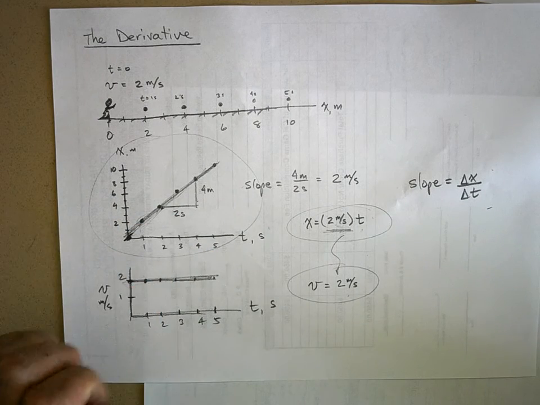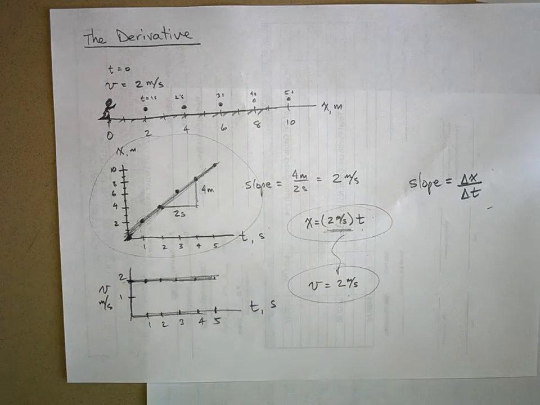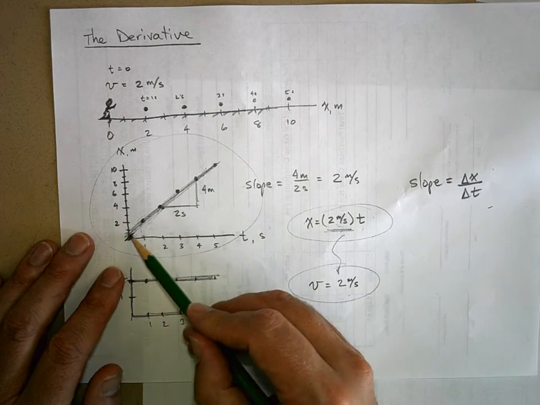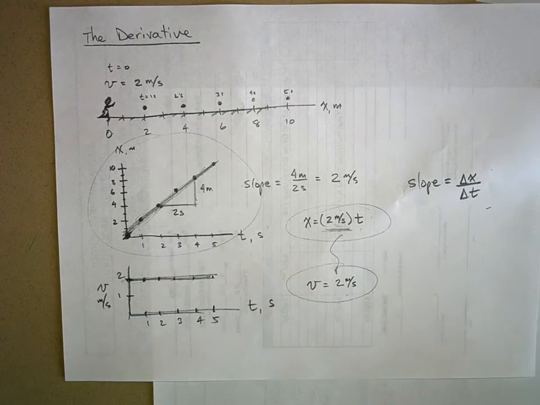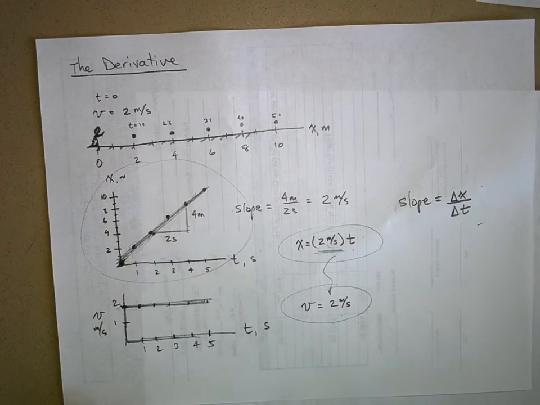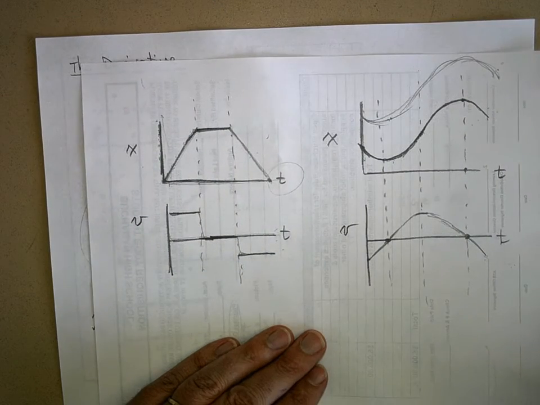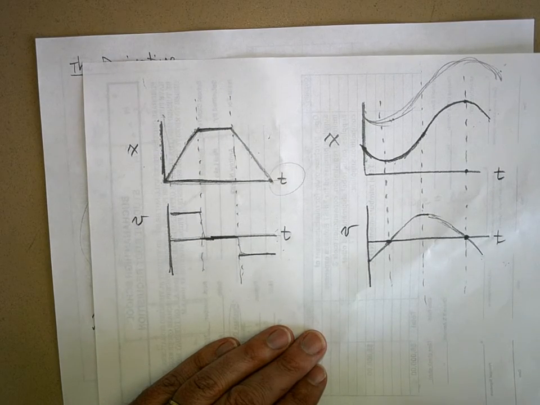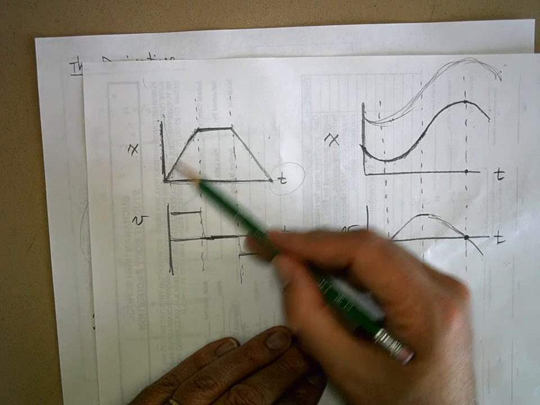Okay. Now, if it's a straight line, it doesn't matter where you pick your 2 points. If I made this the point and this the point, it would have the same ratio of rise over run. Makes sense. And if you have a piecewise function like this, you can just find the slope of this, delta x over delta t, that's easy.